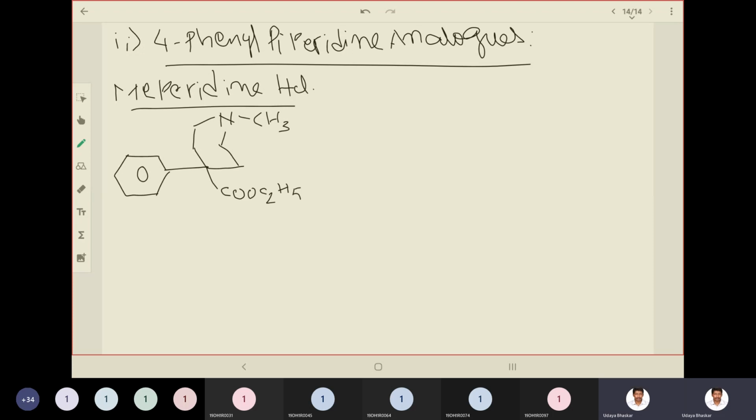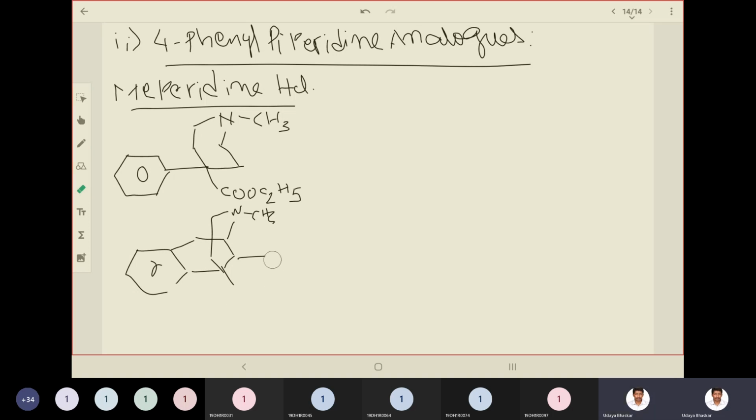So what is it? If you observe, let us compare it with that of morphine. Okay, morphine is there now. This is the structure of morphine, right? So from morphine, what are we removing? We are removing this ether link.